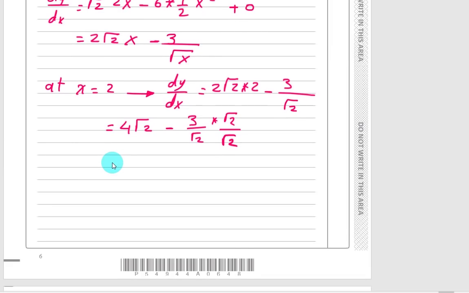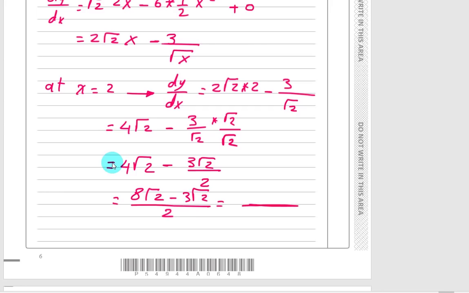So it will equal 4 square root of 2 minus 3 square root of 2 divided by 2. So it will equal 8 square root of 2 minus 3 square root of 2 over 2. So it will equal 5 square root of 2 divided by 2.